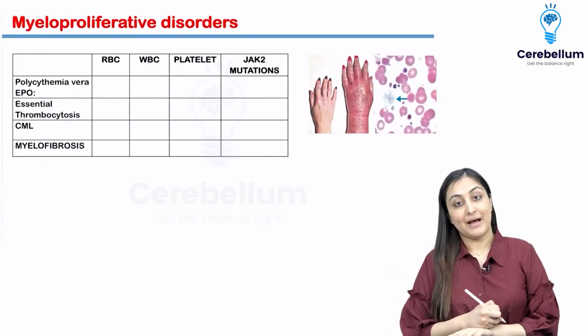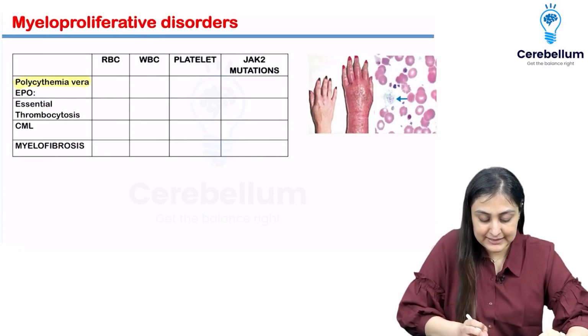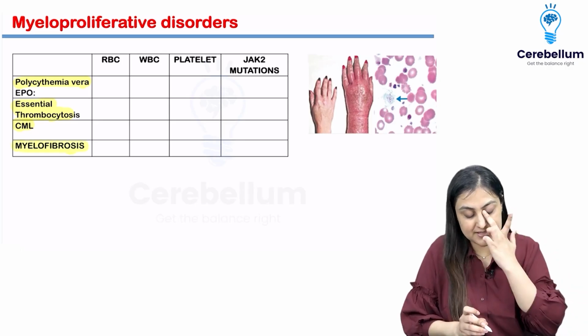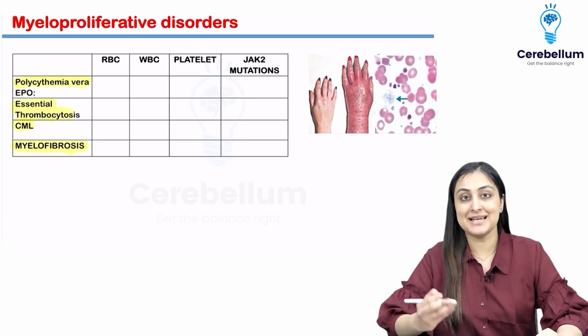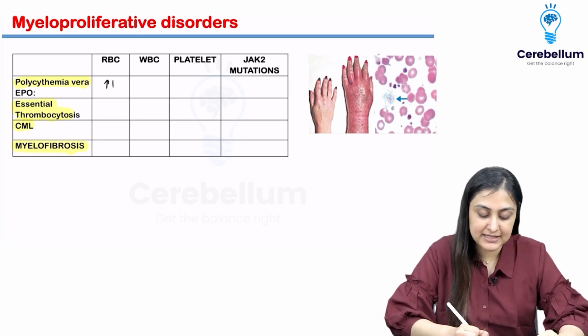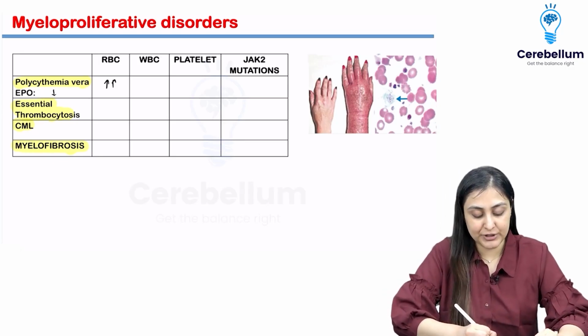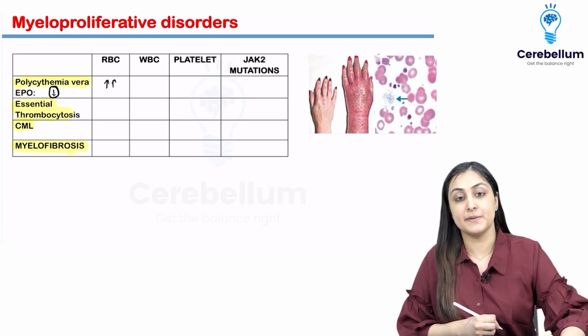Now let's go to myeloproliferative disorders. So here we have polycythemia vera, essential thrombocytosis, CML we have already discussed, and myelofibrosis. So let's just do this category here. In polycythemia vera, predominantly it is the RBCs which increase, but you want to remember that erythropoietin is actually low. Because this is tumoral, EPO in response becomes low.